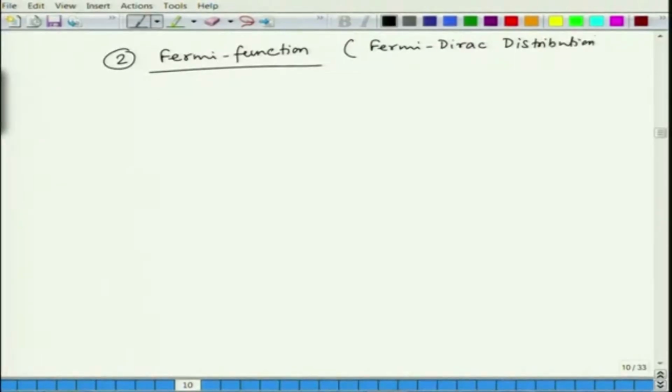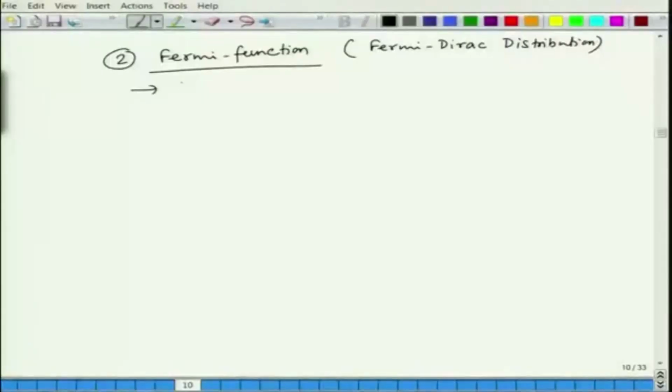The original statistical distribution was proposed by Fermi and Dirac together, and for this particular calculation or for band structure description, it was used by Fermi. So, that is why it is called Fermi function.